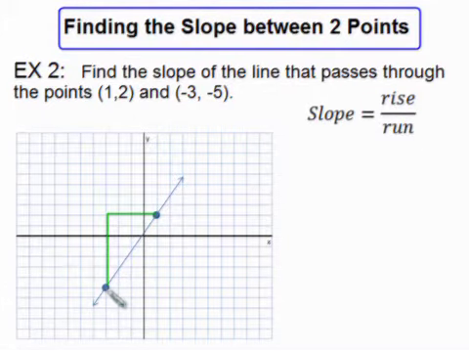So if I would like to see how far I rose or traveled in the vertical direction, then I can count them by looking at the graph. 1, 2, 3, 4, 5, 6, 7. Or we want to be able to transfer this information so that we can do this algebraically. So let's get this ordered pair, which was negative 3, negative 5, and this ordered pair, which is 1, 2.